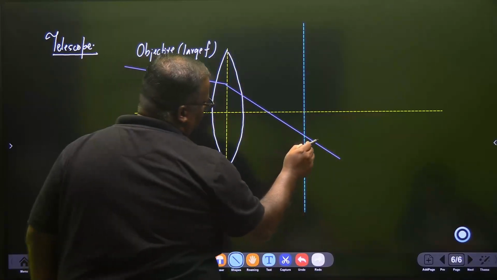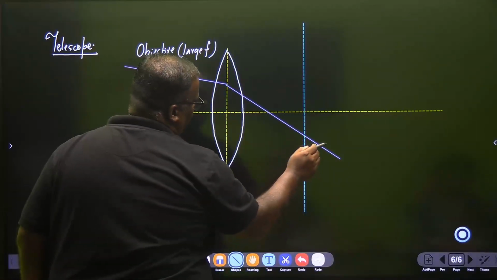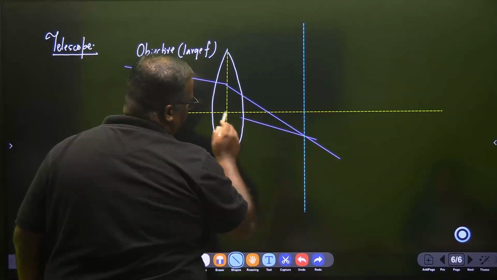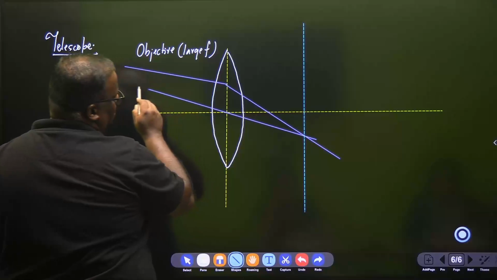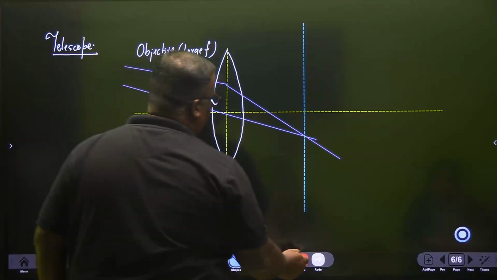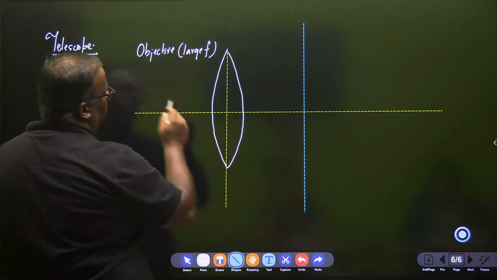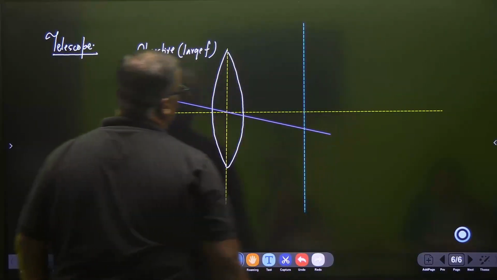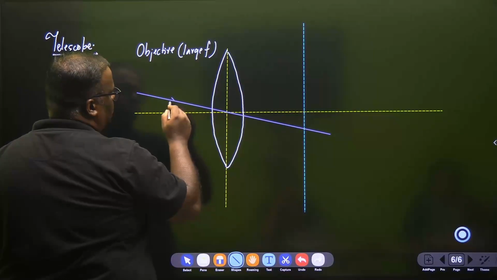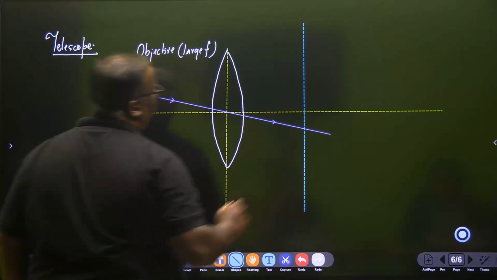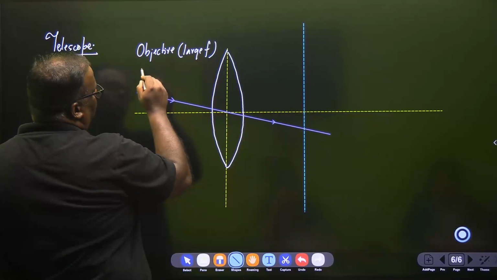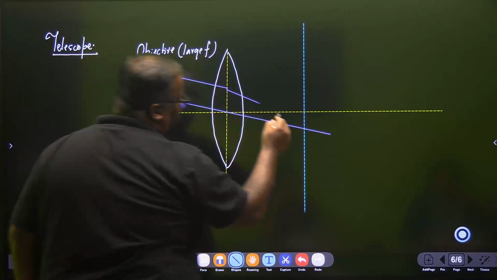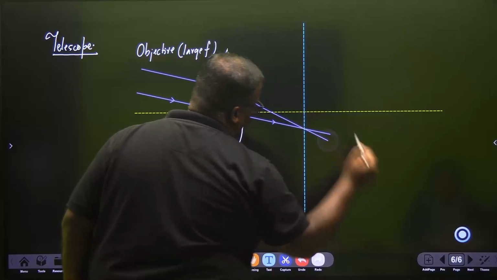And similarly, from the focal plane, there will be another ray which will be parallel to this. So this is a distant ray which is coming undeviated from the optical center of the objective, and then you have another parallel ray which is coming, and this ray will now not meet at the focus, but it will meet on the focal plane.